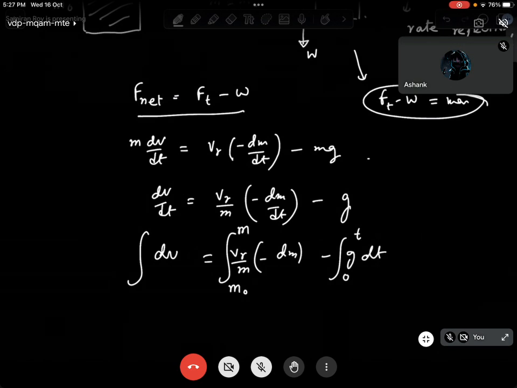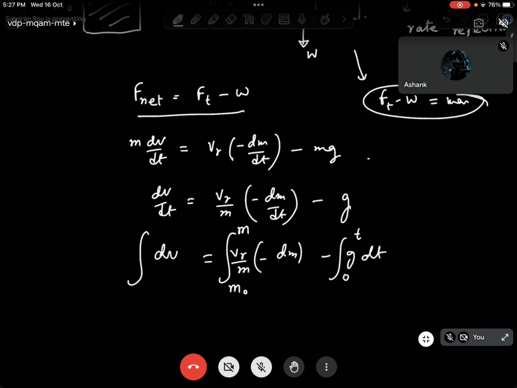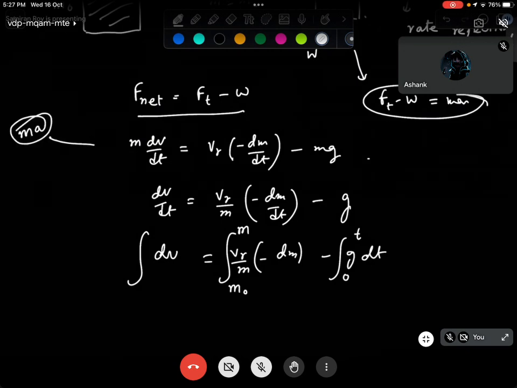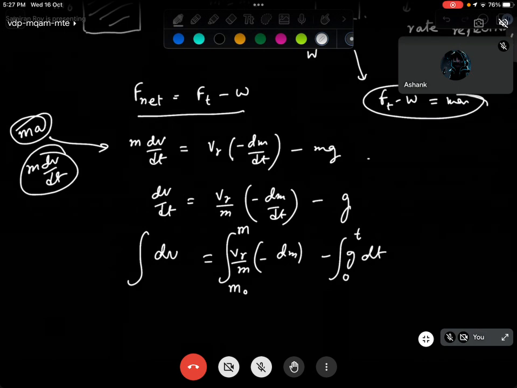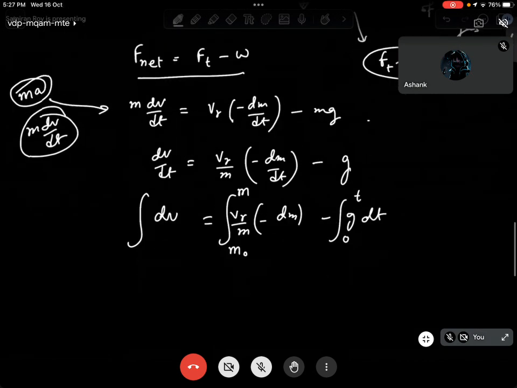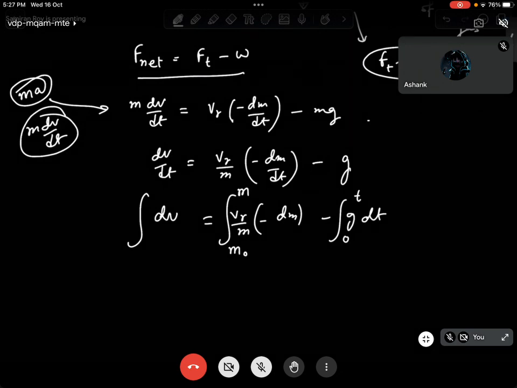At any time when the mass is m, that's what the acceleration is: mass into acceleration. I have written here mass into dv by dt, net force. So final mass is m, initial mass is m0. So dv is changing from where to where?